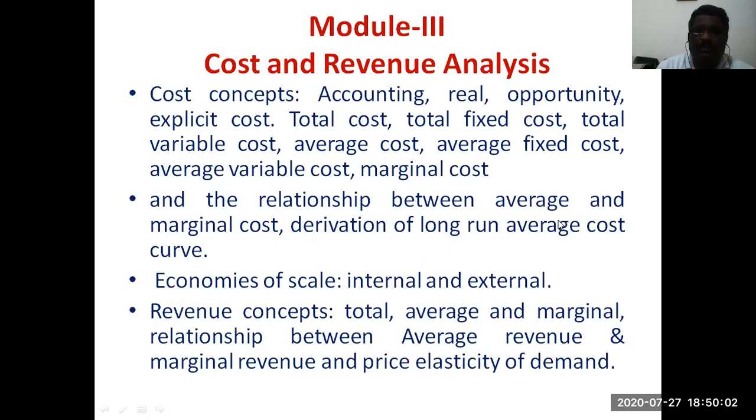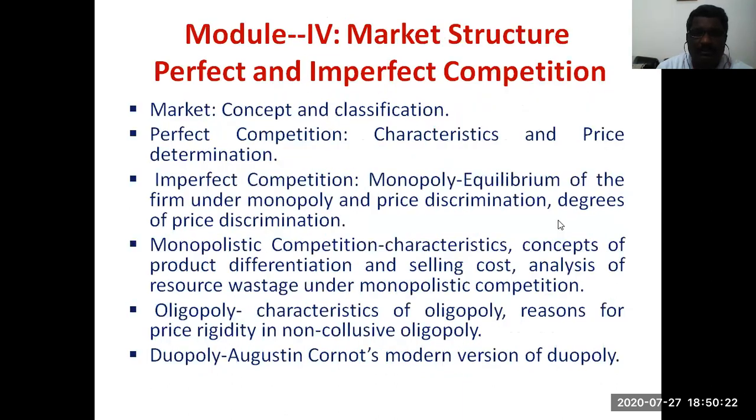In the third module, cost and revenue analysis. In this module, the different types of costs and revenue are included in the syllabus, and economies of scale, internal and external economies are also there in module 3.